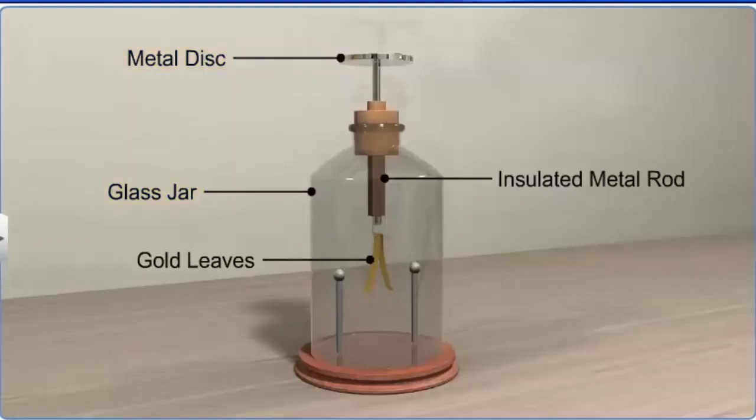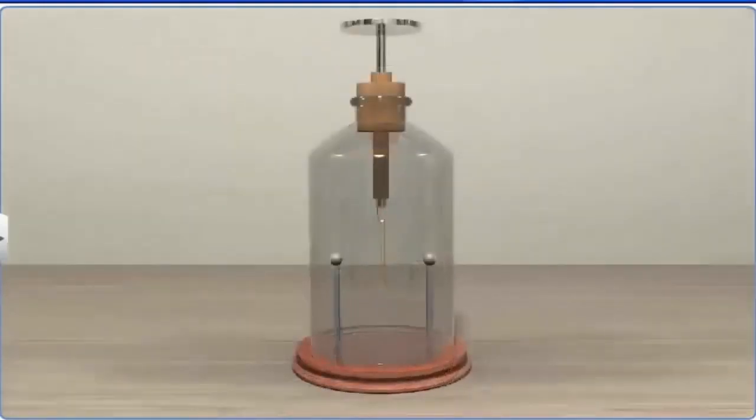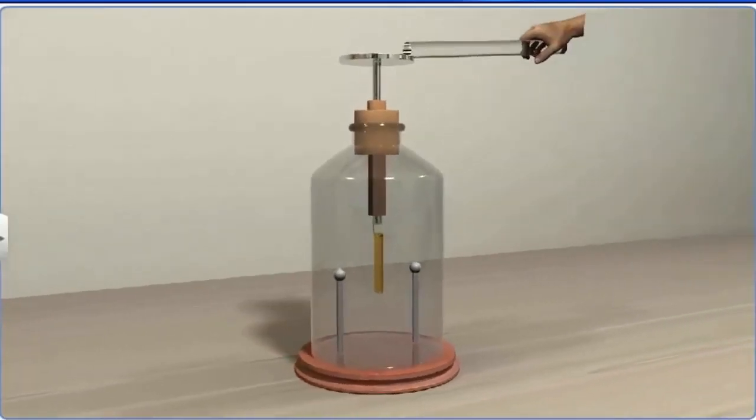To test a material like a glass rod for electrification, the object should be brought in contact with the metal disc of the gold leaf electroscope. The contact should be momentary. If there is no change observed in the position of the gold leaves, it indicates that the glass rod is uncharged or neutral.